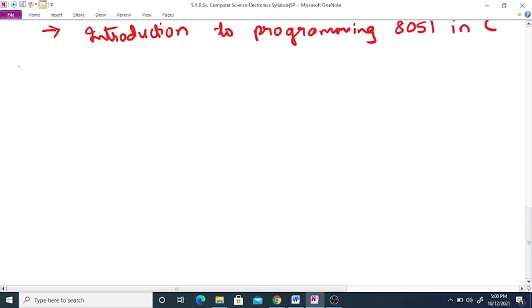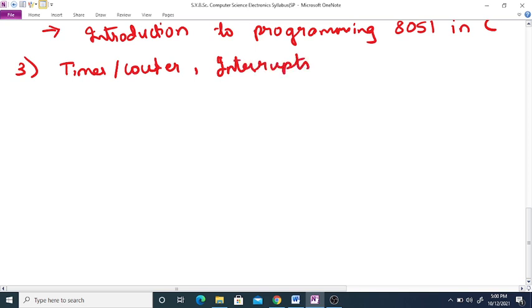Then third unit is timer or counter and interrupts, that is interrupts used in 8051.